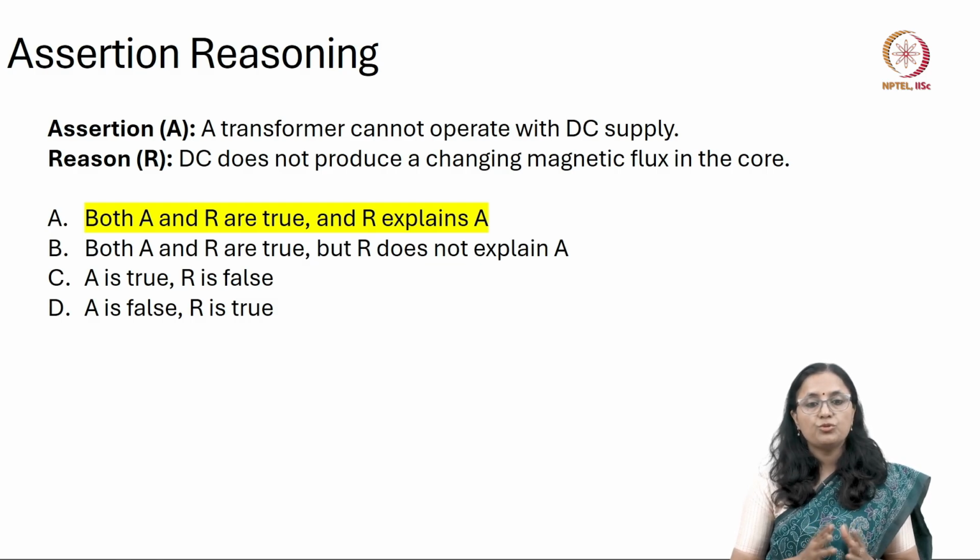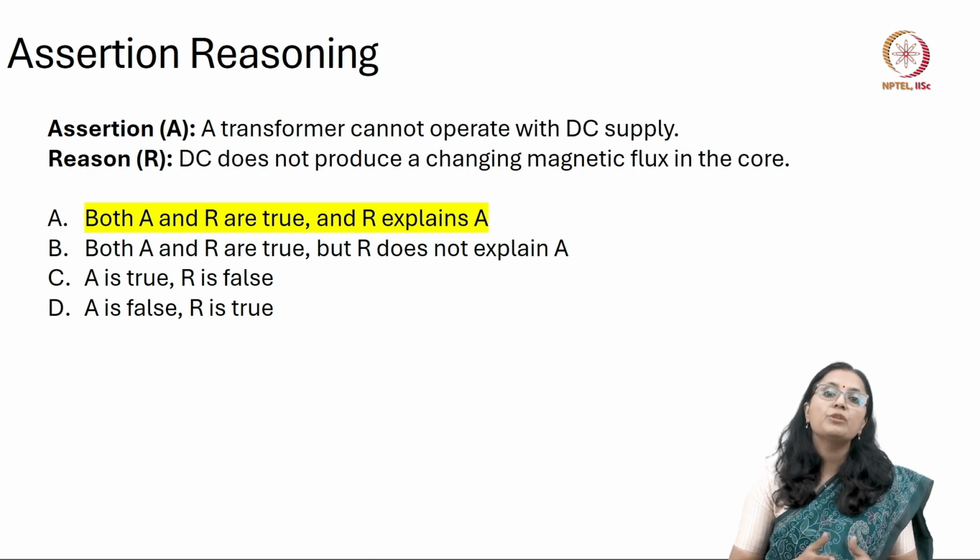That it does not produce a changing magnetic flux in the core. So even this is correct because DC does not produce it. And we know that the reason explains the assertion, because the core reason a transformer cannot work with DC is the need for changing magnetic flux, and that is not possible through a DC kind of setup.